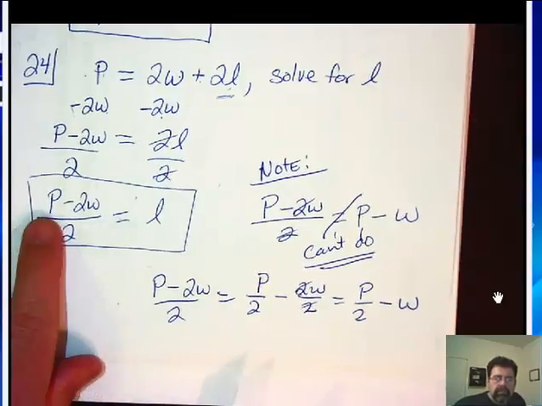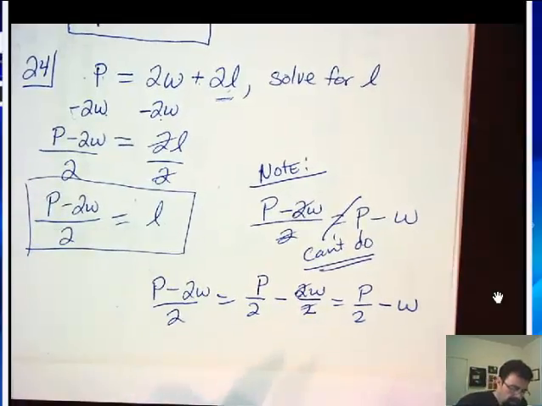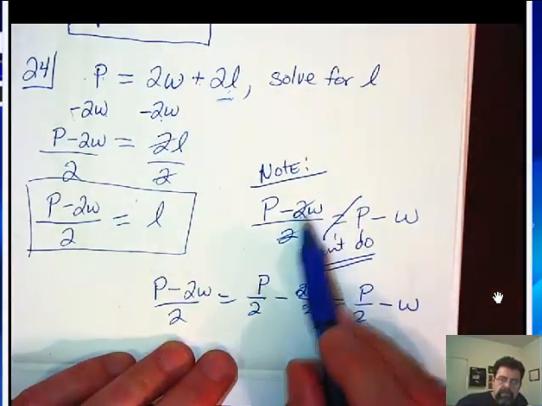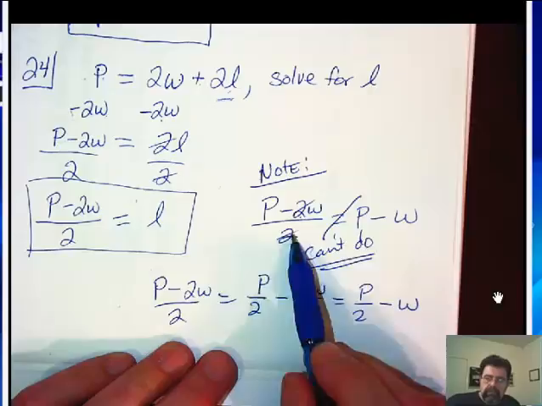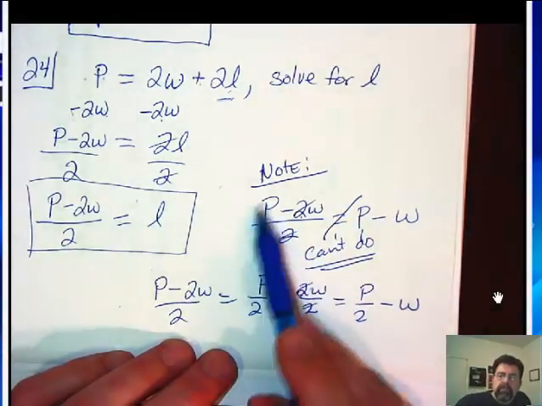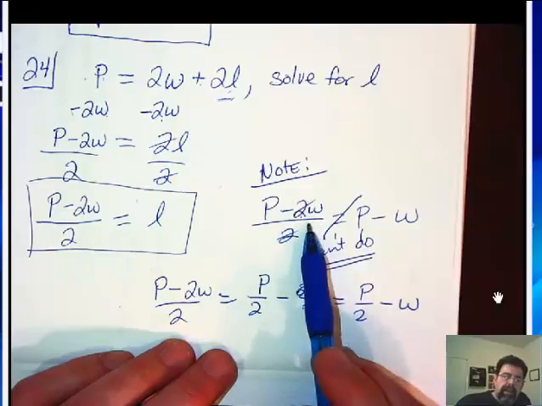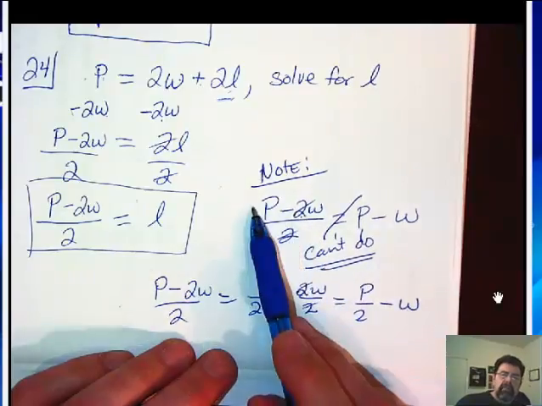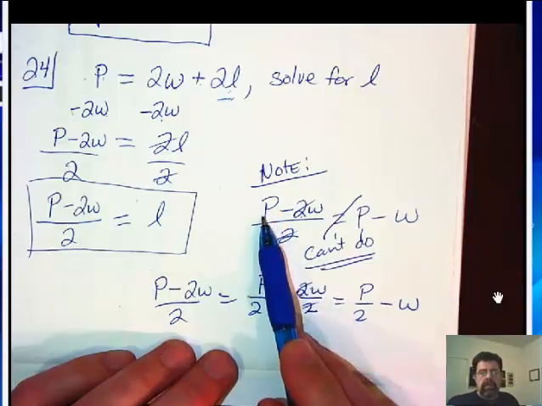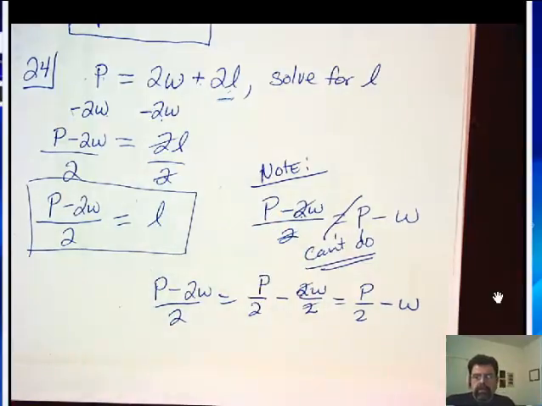Again, I would prefer that answer. Okay, but definitely you cannot cancel this 2 with this 2. So whenever you want to cancel or reduce a fraction, you got to factor something out and then cancel common factors. There's no 2 in this first term, so you cannot just cancel a 2.